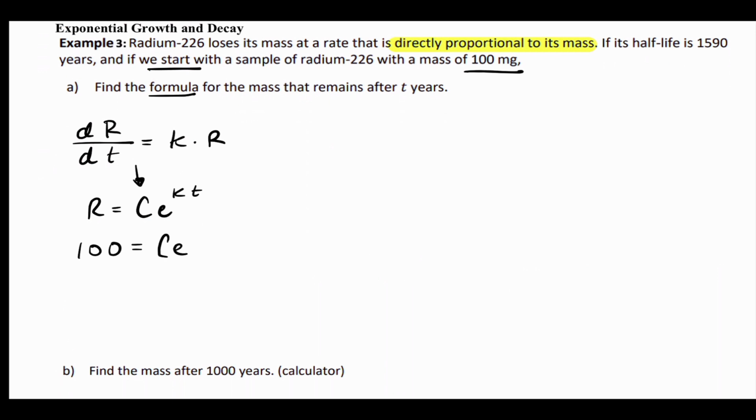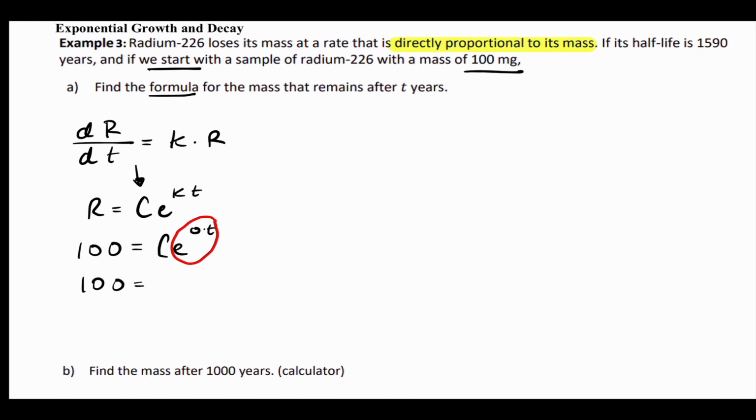So at time 0, it's equal to 100, right? That's what that says. We've seen that before. This guy right here is equal to 1 whole.